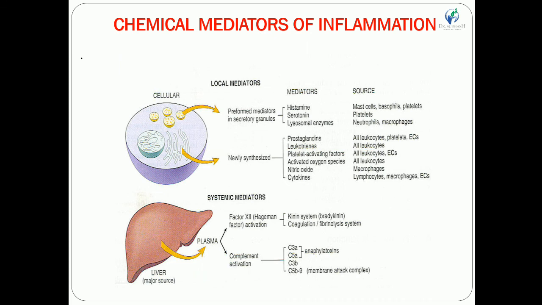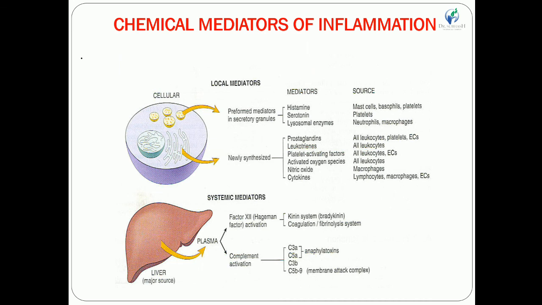While considering plasma derived mediators, mostly they will be released from the liver, and after they are released from the liver, these mediators require further activation, so that only after that can they take part in the process of inflammation.